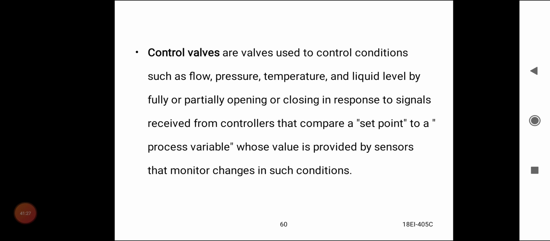Control valves are valves used to control conditions such as flow, pressure, temperature and liquid level by fully or partially opening or closing in response to signals received from the controllers that compare a set point to a process variable whose value is provided by sensors that monitor changes in such conditions.